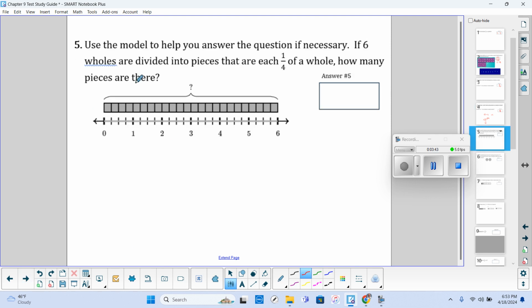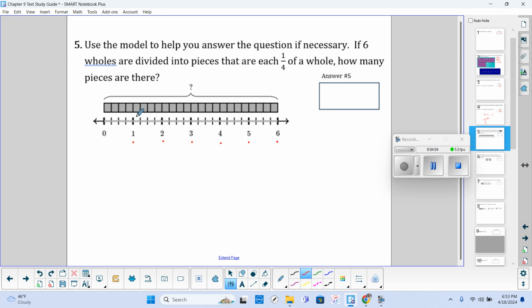Number 5, use the model to help you answer the question if necessary. If 6 wholes are divided into equal pieces that are 1/4 of a whole each, how many pieces are there? So if you think about it, this is 1, 2, 3, 4, 5, 6 wholes.